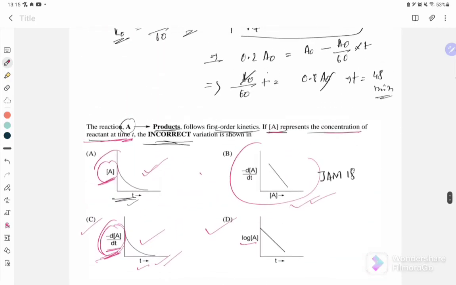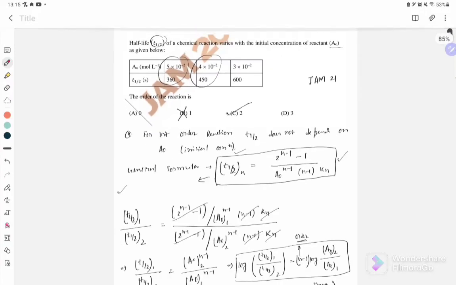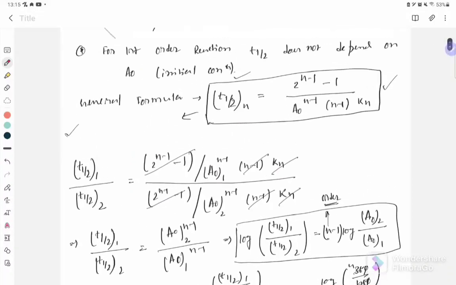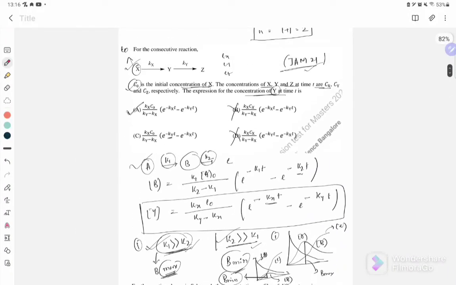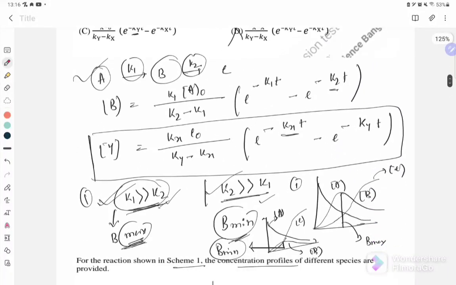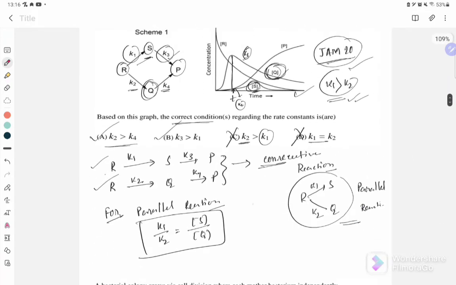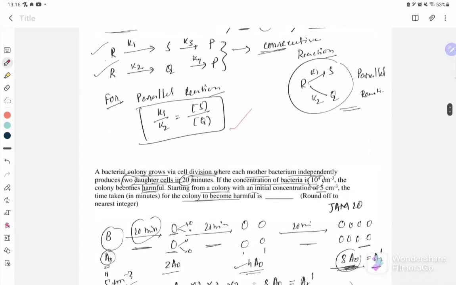So we did this question and we learned some concepts. What was the first question? This was our t half for nth order. These are direct questions. For the second one, you just have to remember these equations only. For the third question, you just have to use your concept only.